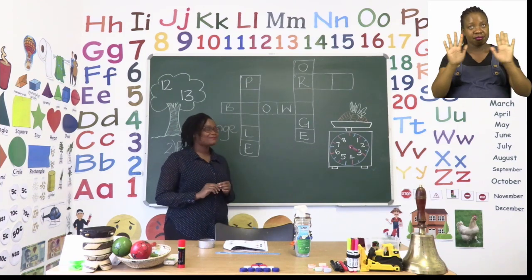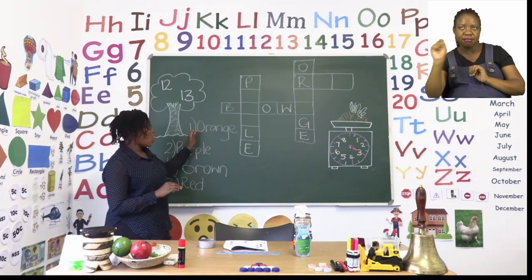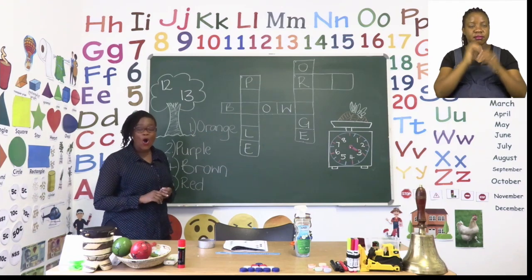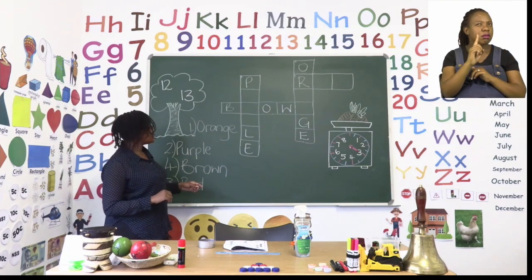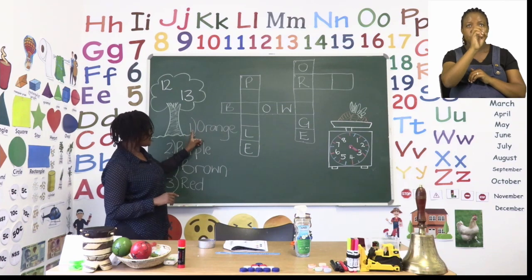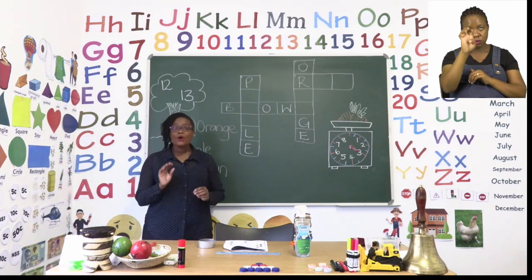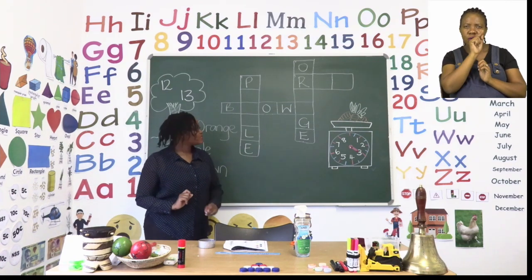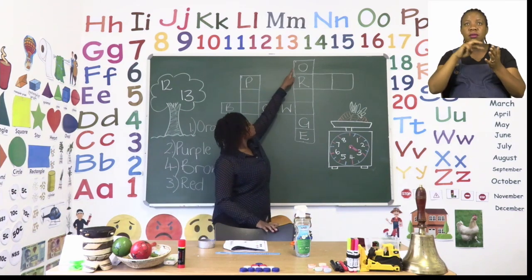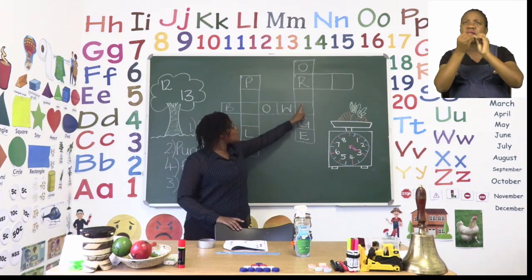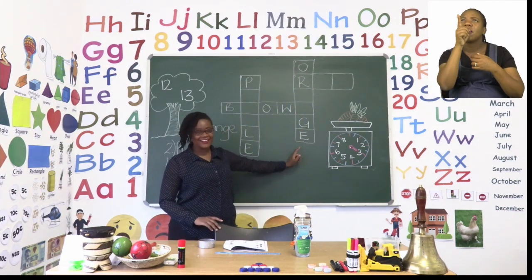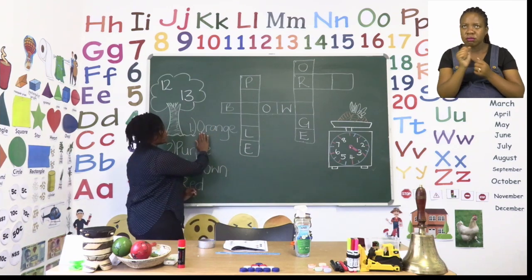If you look at the color orange, you will see that it is number 1. There's an arrow pointing down, which means we must look for number 1 and write the word going down. So let's complete the word orange.